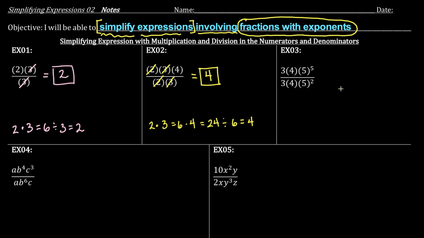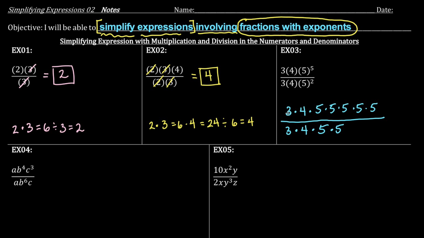Okay, so now let's try something a little different. I'm going to write this out the long way, actually. This is really 3 times 4 times 5 times 5 times 5 times 5 times 5 divided by 3 times 4 times 5 times 5.